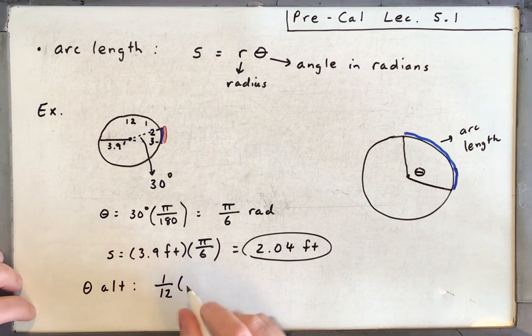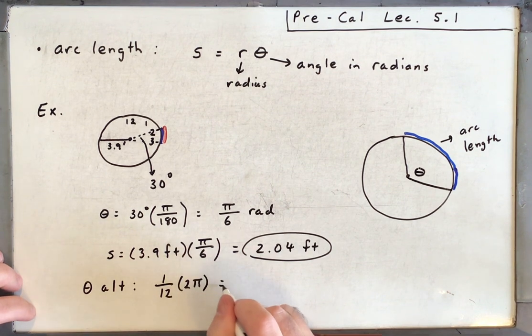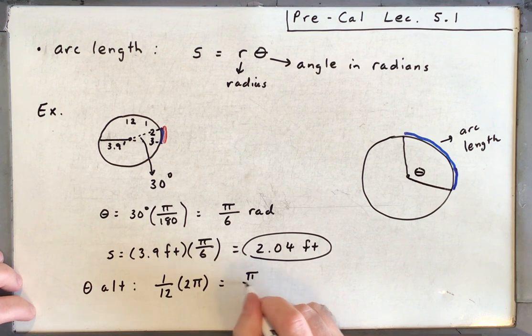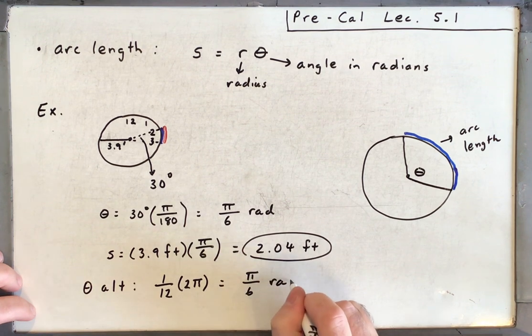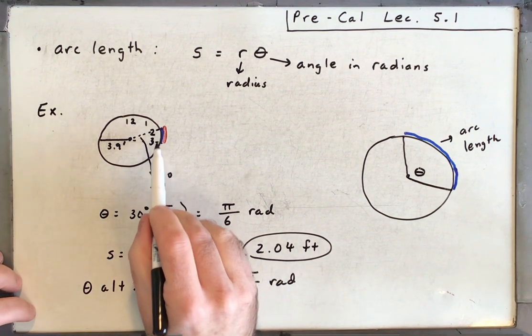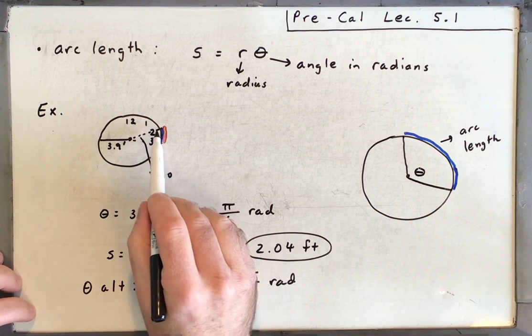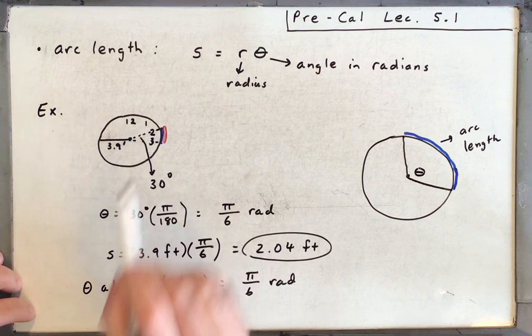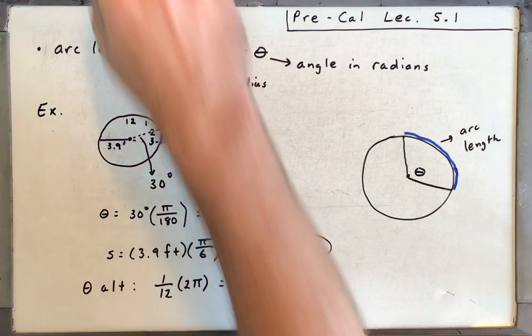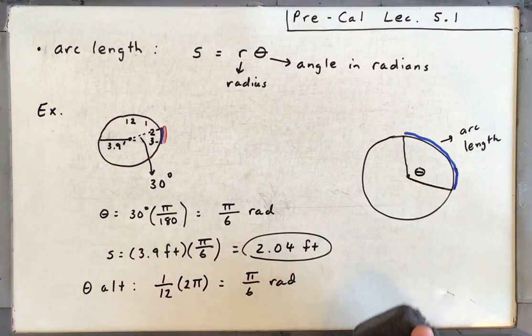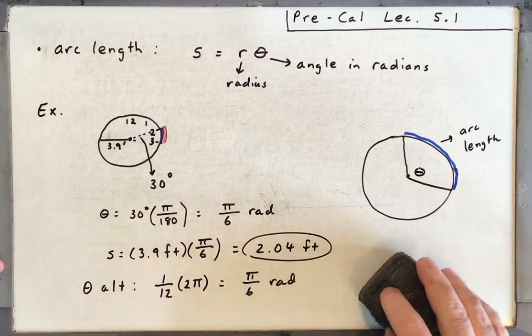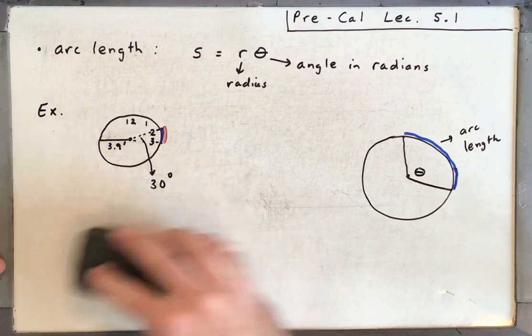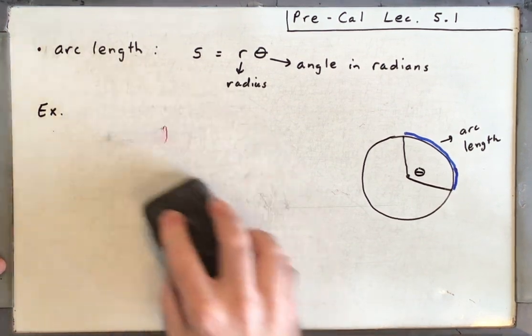We know that the entire circle is 2 pi radians. So that is pi over 6 radians. That's an alternate way to think about it. What proportion of the circle does the arc length subtend? Okay, so that's another way to find theta in radians.